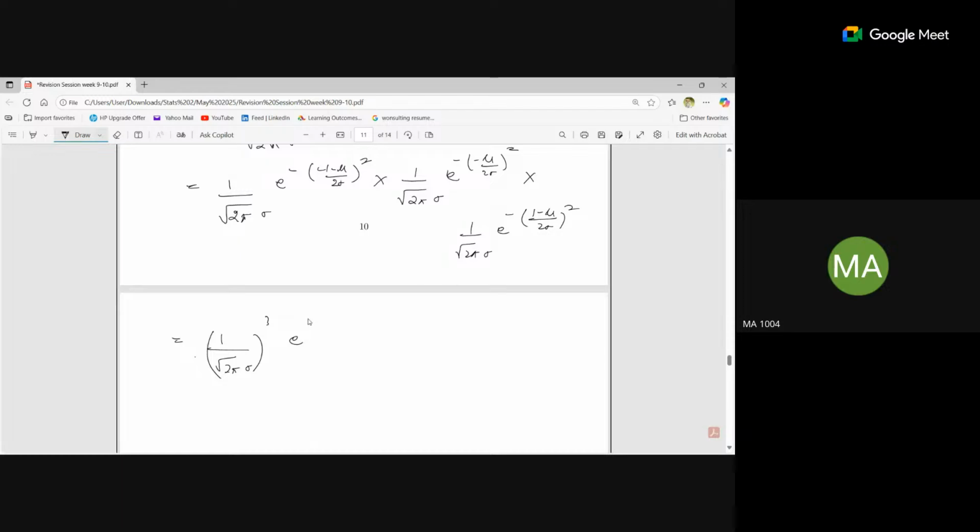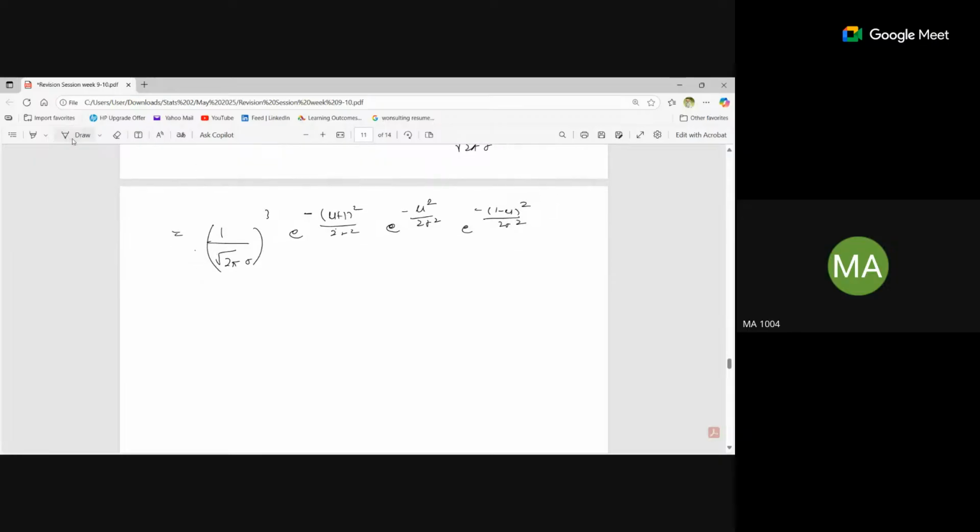So this is 1 by 2 sigma square into e raised to the power minus 4 divided by 2 sigma square. So this is my likelihood.